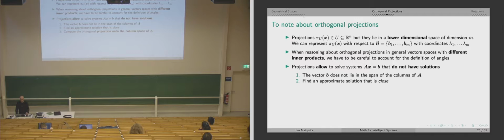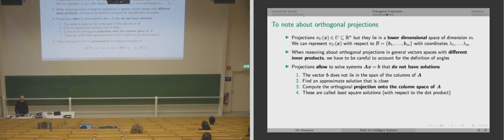One way to do that is to compute the orthogonal projection onto the column space of A. The column space is equivalently the basis vectors in which we are trying to find a solution. These are called least squares solutions, with respect to the dot product here.